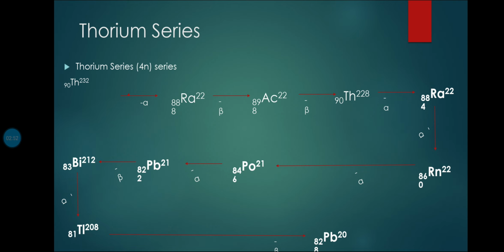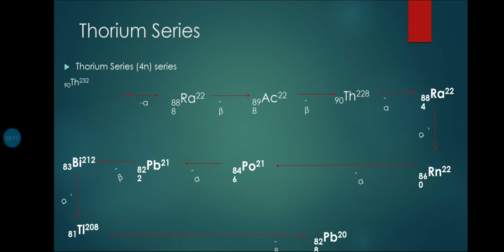So the atomic number decreases by 2. 90 minus 2 is 88, and at the same time the mass number decreases by 4. So radium 224. Radium 224, it emits an alpha particle.